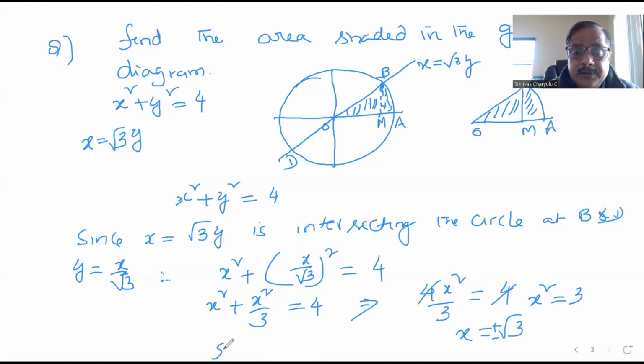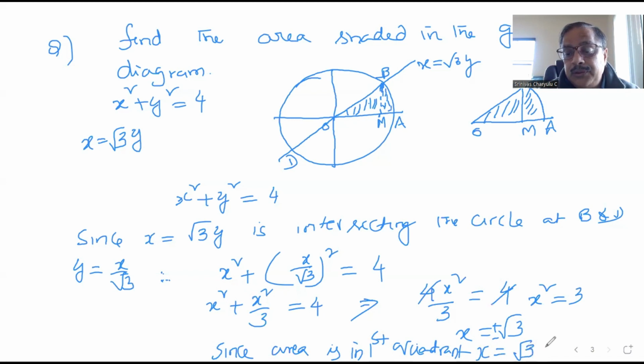So since the area is in the first quadrant, x is equal to root 3 can be taken. Only plus root 3 we can take. So now that means what our limits are.